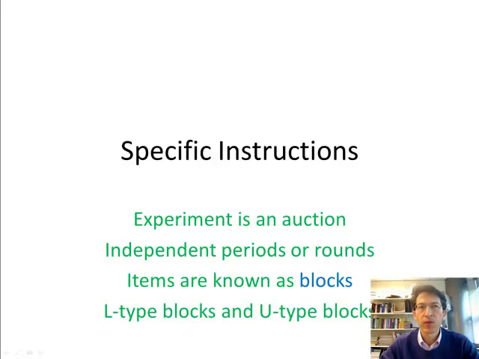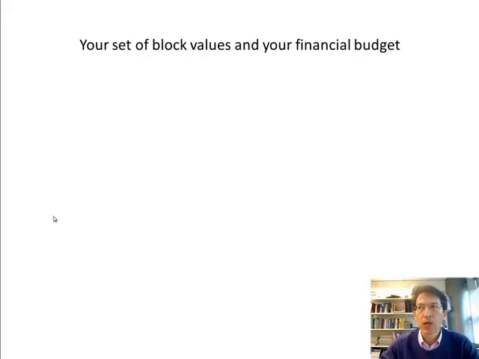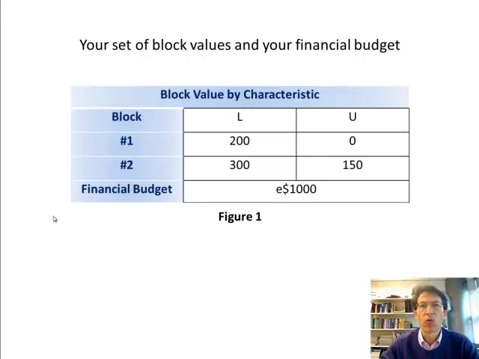For illustrative purposes, assume that at the beginning of the period you are assigned a set of block values and the financial budget as shown in Figure 1. Each participant's assigned block values and financial budget will generally differ across periods. Please take a moment to get familiar with the information in the figure.